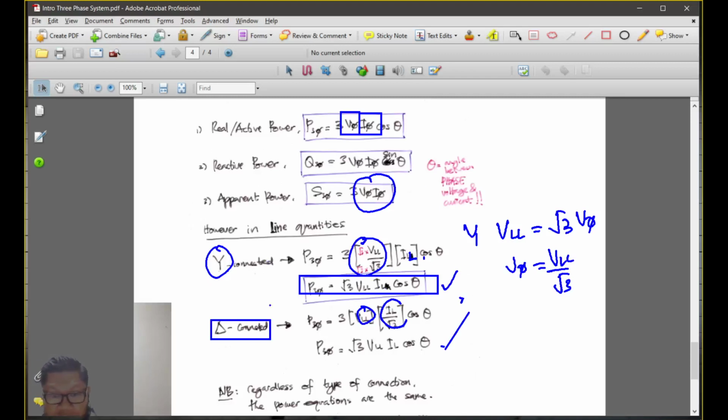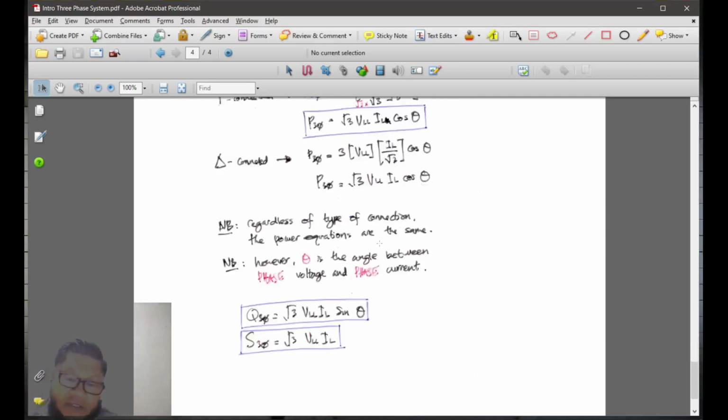So either Y or delta connected, the three-phase power is always root 3 V line to line, I line, cos theta. Clear? So regardless of the connection, the power equations are the same. However, theta is the angle between phase voltage and phase current.